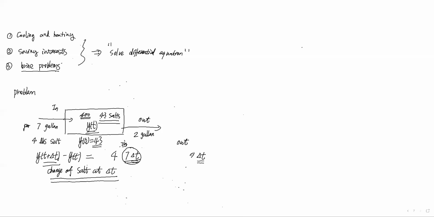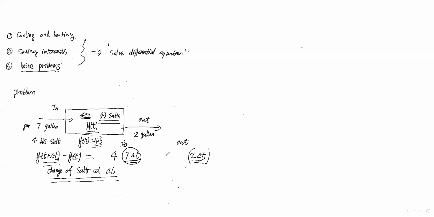So this is 2 gallons per minute, this is the water or brine getting out of the tank. But we care about the salt, right? So you have to know how much salt we have per gallon of water or brine.